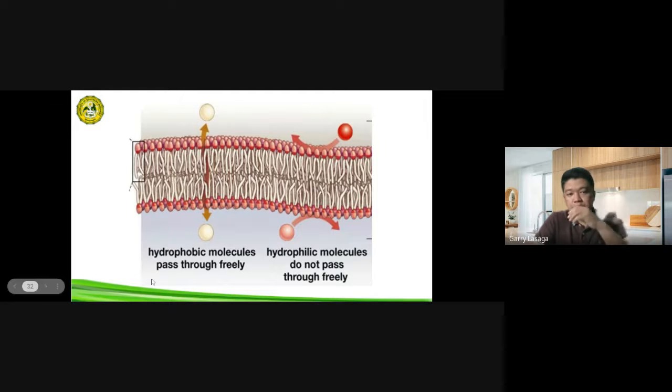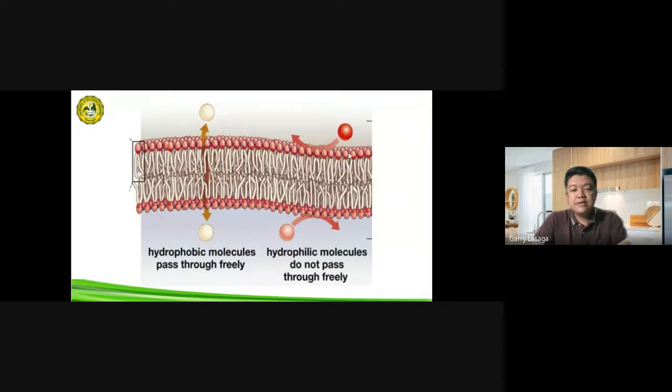When we say hydrophobic, these are molecules that are water-fearing, or nonpolar, or lipid soluble. When we say hydrophilic molecules, these are molecules that are water soluble, so they will not be able to dissolve in the lipid bilayer, and they will not be able to pass through it. An example of a molecule that is polar or hydrophilic is water.